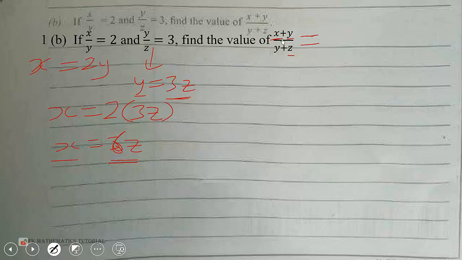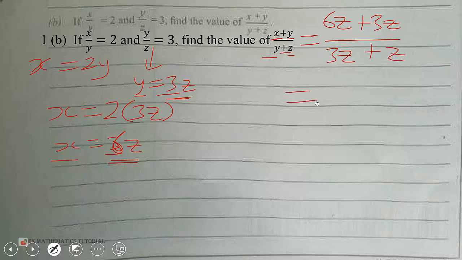So x is 6z. So 6z plus y, which is 3z, over y, which is 3z again, plus z.